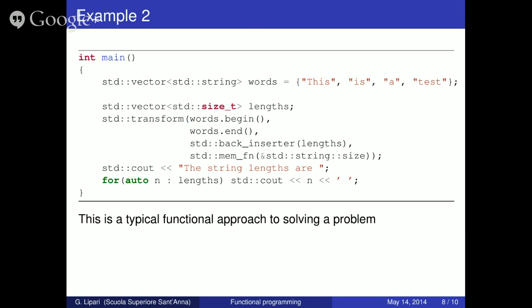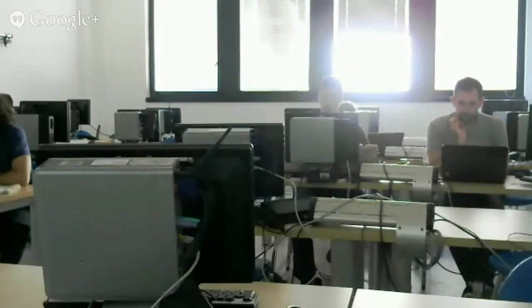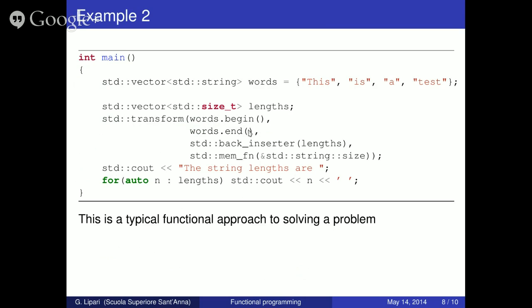Here, instead of using the for cycle, we just compose functions. Transform applies these functions to all the members of the first vector and produces elements to insert in the second vector. And then you have this string size transformed into a normal function that you can apply to objects.